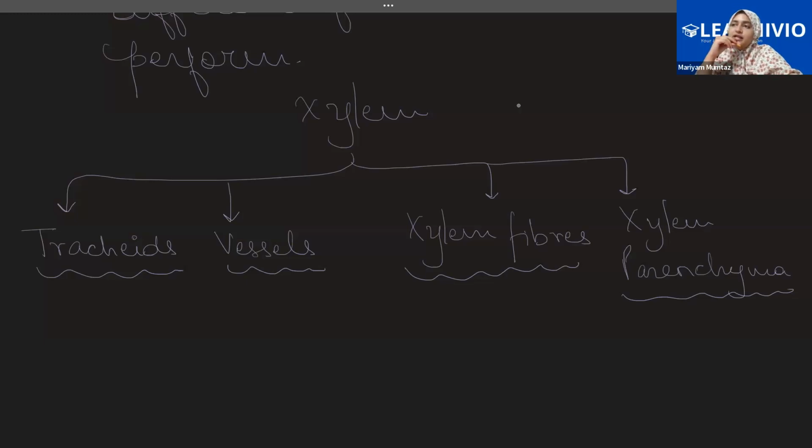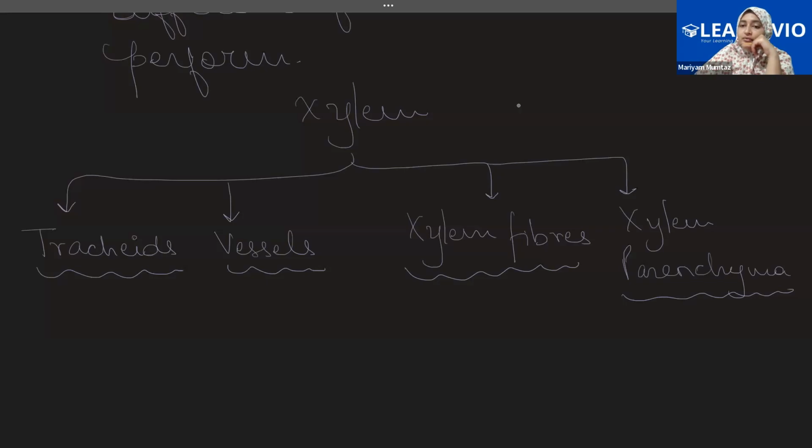Xylem fibers. Wherever fibers are present in the plants, have you seen jute fibers? How many of you have seen jute bags? Have you seen the brown coconut and the husk around it, right? Those are fibers. So whenever I say fibers, imagine dry stuff.